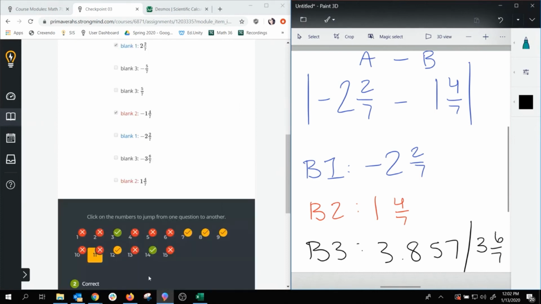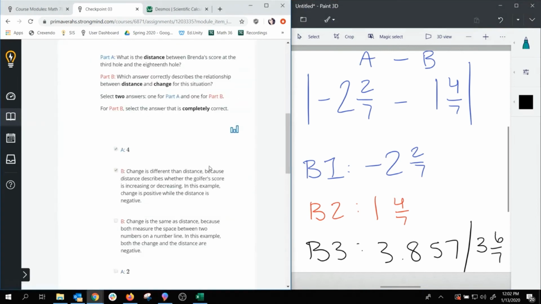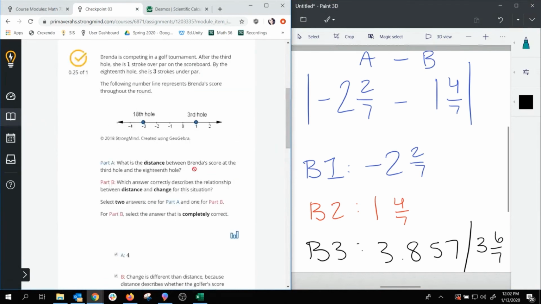All right. And number 12. Brenda is competing in a golf tournament. After the third hole, she is 1 stroke over par on the scoreboard. By the 18th hole, she is 3 strokes under par.